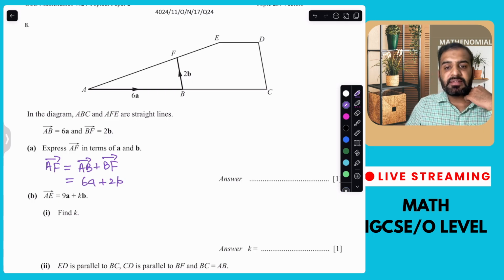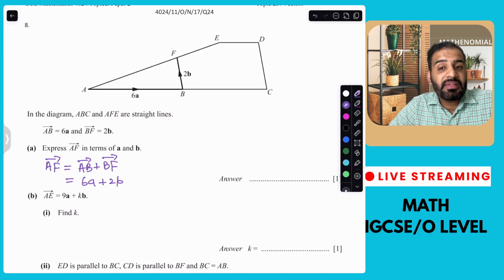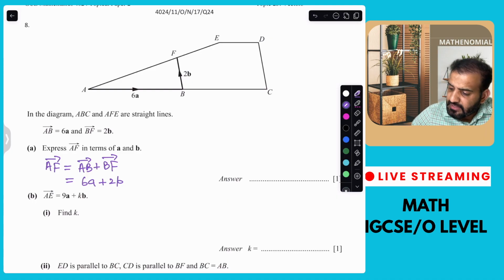Okay. Next, AE is equal to 9a plus kb. Find the value of k. So it means, students, this question has two methods.